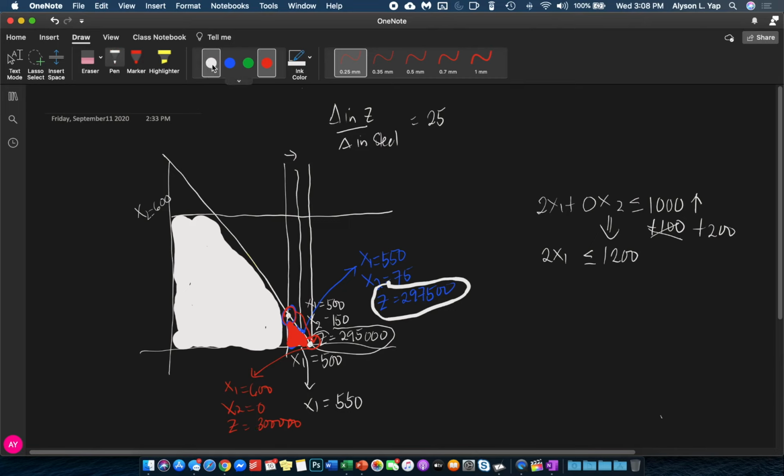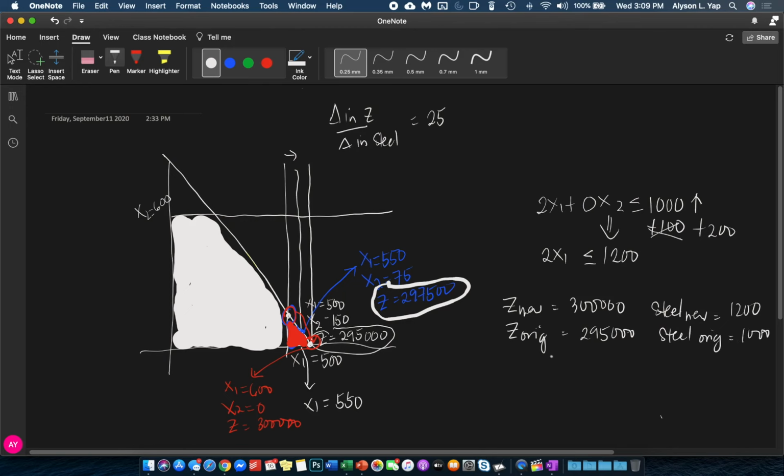And doing the same analysis a while ago, if you get your new z, which is 300,000, and your original z, which is 295,000, and if you get your steel new, which is 1,200, and your original steel, which is 1,000, what you will get is a change in z equal to 5,000.